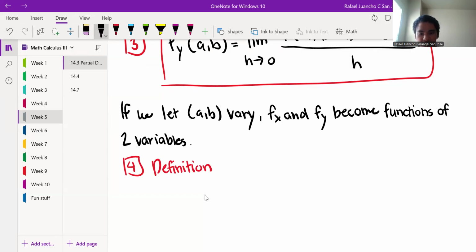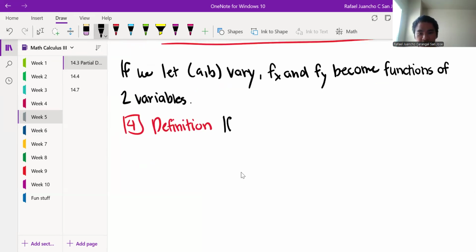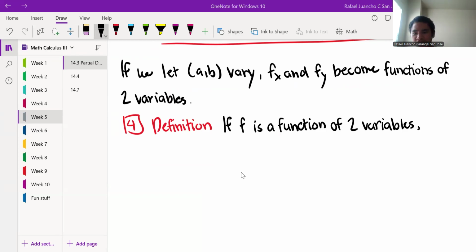So this is going to be, well, if we have some f, and let's say it is a function of two variables. Now we have partial derivatives.